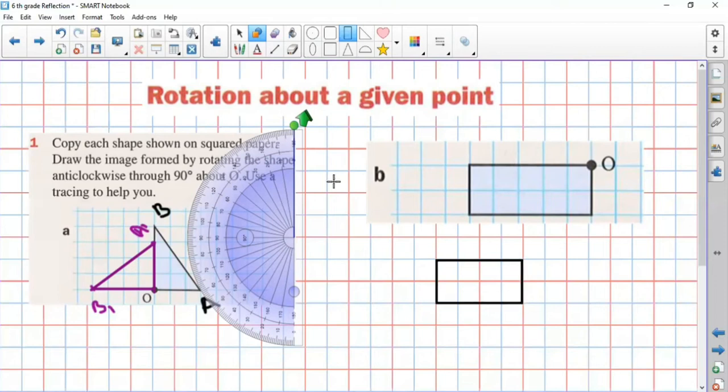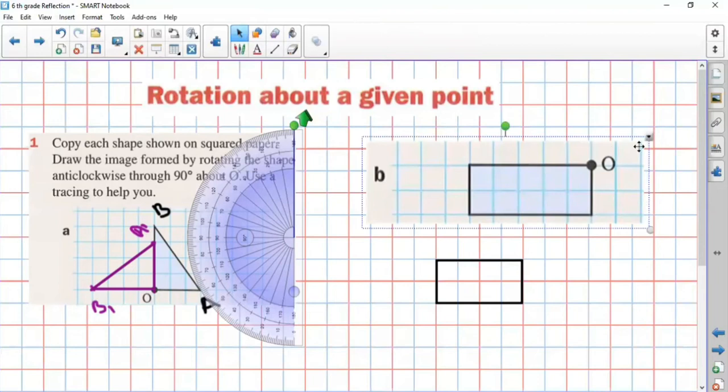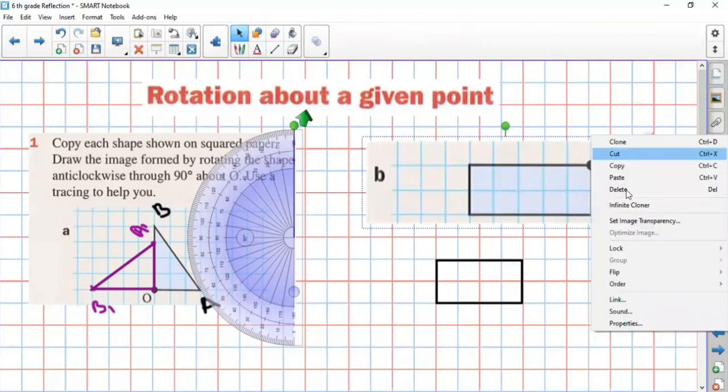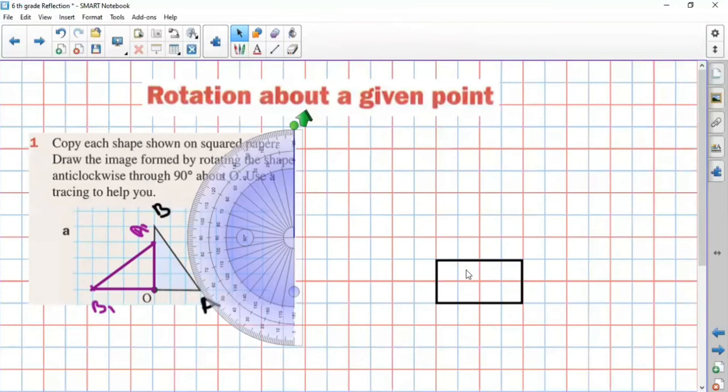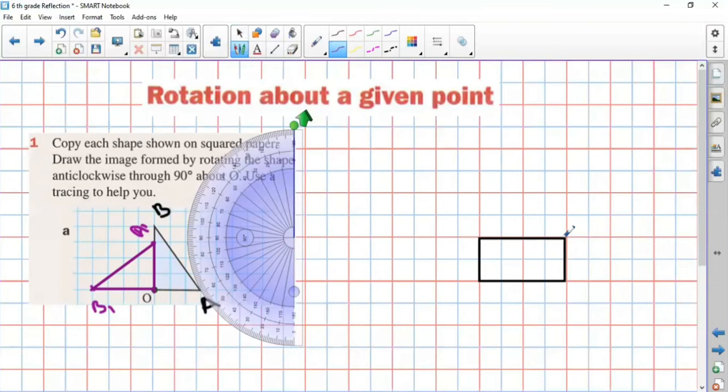Okay, so I have this rectangle. Okay, this is my rectangle. The center of rotation was again this point O here.